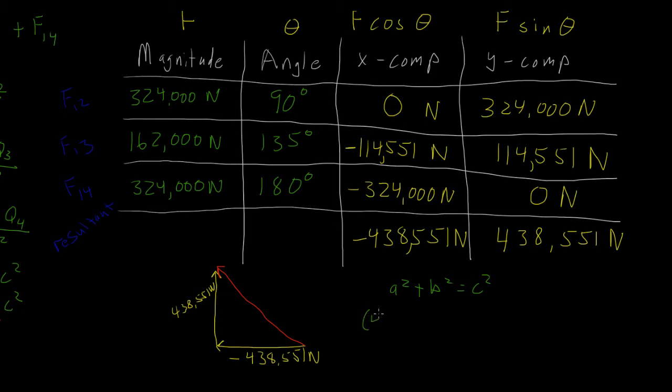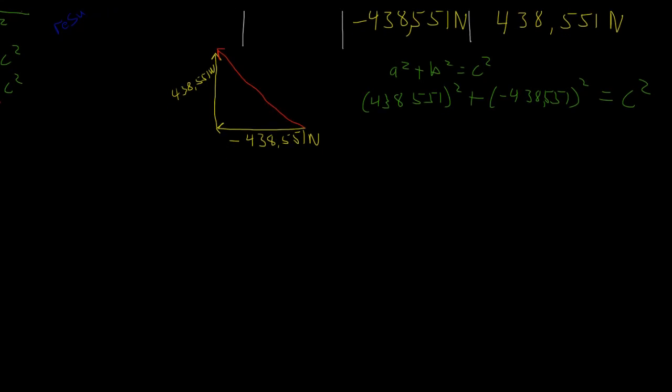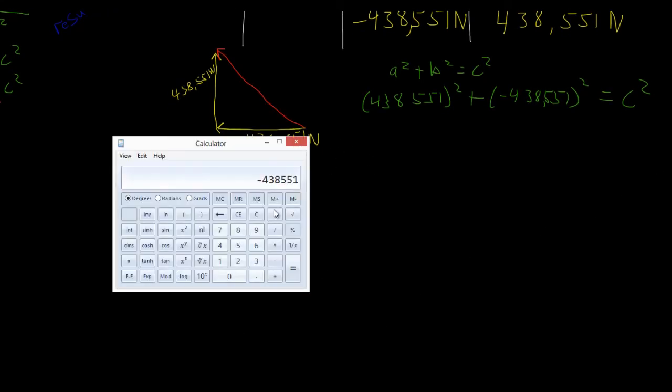We'll have 438,551 squared plus negative 438,551 squared, and that will tell us what c squared is. So I've already got the negative answer here typed in, I just need to square it. Now I need to add 438,551 squared, equals.